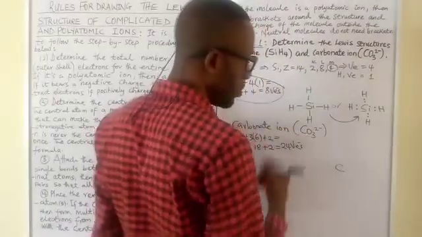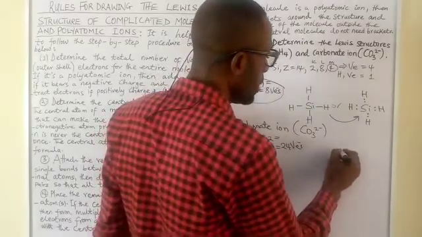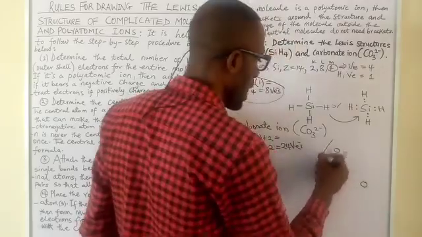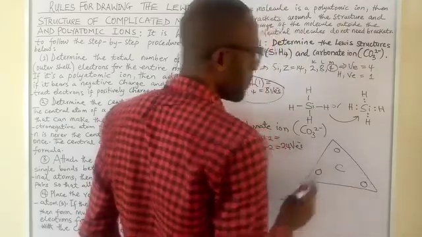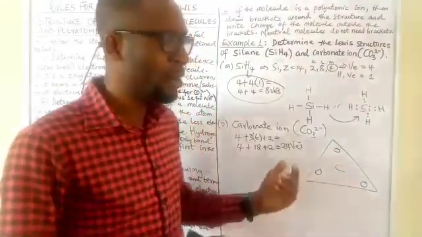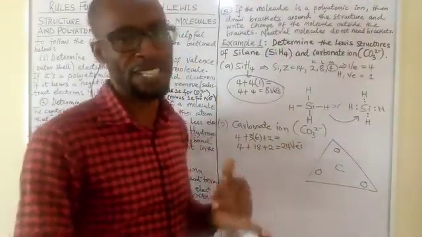So how many oxygen atoms do we have? We have 3. You place 1 here, then place the other 2 here, just like you have in a triangle. In the next lecture series, I'm going to talk about molecular geometry and VSEPR theory.